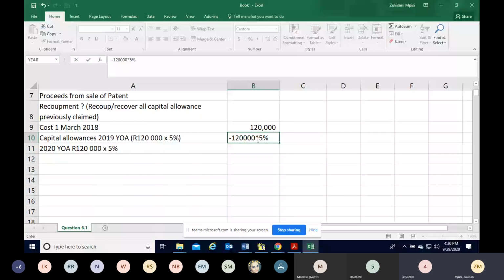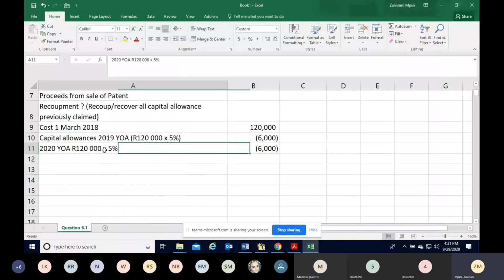It's 6,000. So this is what actually happened. We'll come back to the 6,000 again in the current year, because remember, we have not yet given this deduction. This is just a calculation for now.